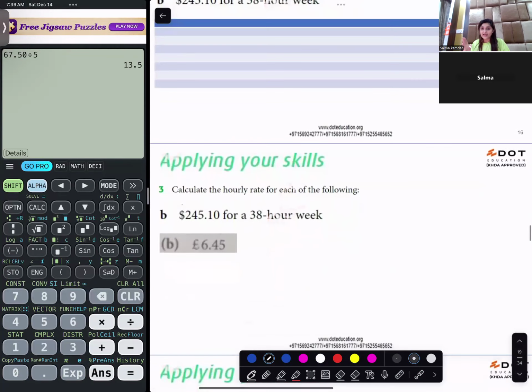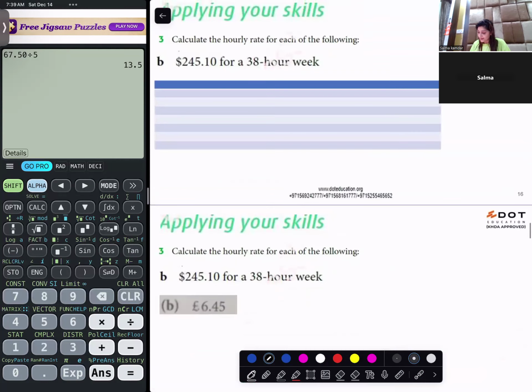Pause, try, then start. Okay, hourly rate. 245.10 is for 38 hours, for a 38-hour week. So for the hourly rate, I will just divide 245.10 by 38.